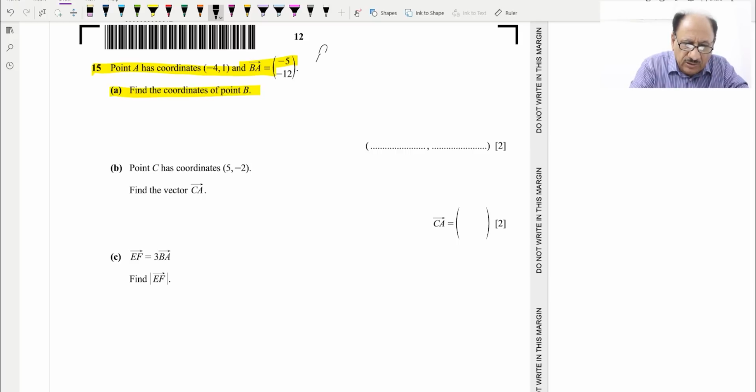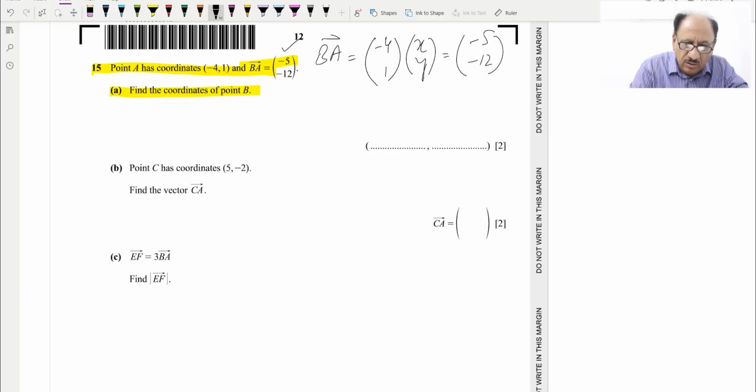So if we want to write BA, this will be coordinates of A, which is -4 and 1, minus coordinates of B, and coordinates of B we don't have, so we can write x and y, and this is equal to BA, which is given, which is -5 and -12. This will be our equation.